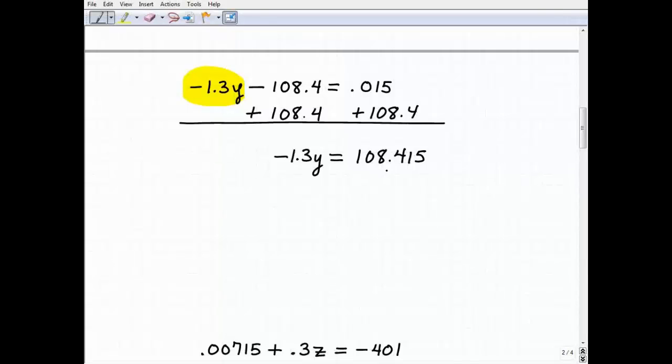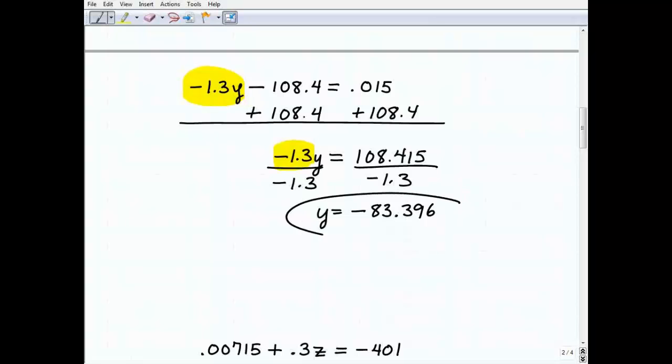We took our first step, so our second step is going to be solving for y by dividing both sides of the equation by this negative 1.3. After we do that, we will get the solution. 108.415 divided by negative 1.3 is going to be equal to negative 83.396, let's call it.